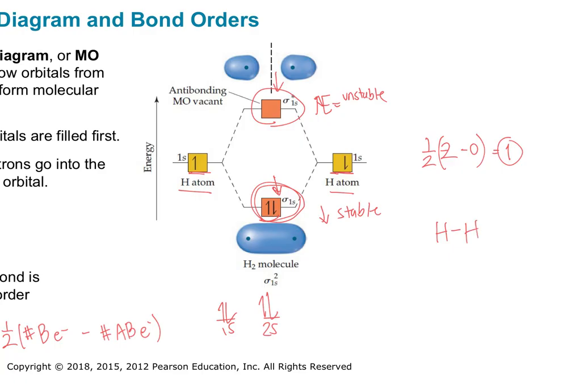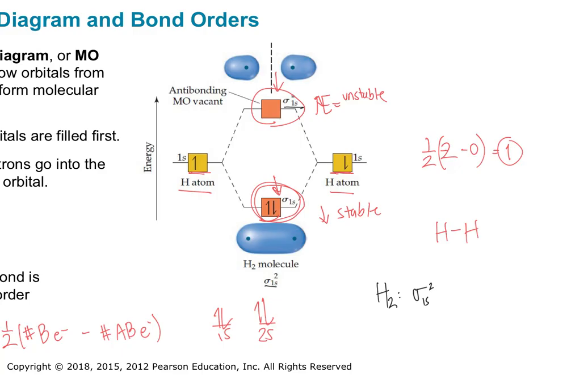You can also do electron configurations for your molecules now. We have a sigma orbital in the 1s with 2 electrons in it, and none in the antibonding. So for the H2 molecule, I would write my electron configuration as sigma 1s with 2 electrons in it, and that's it.